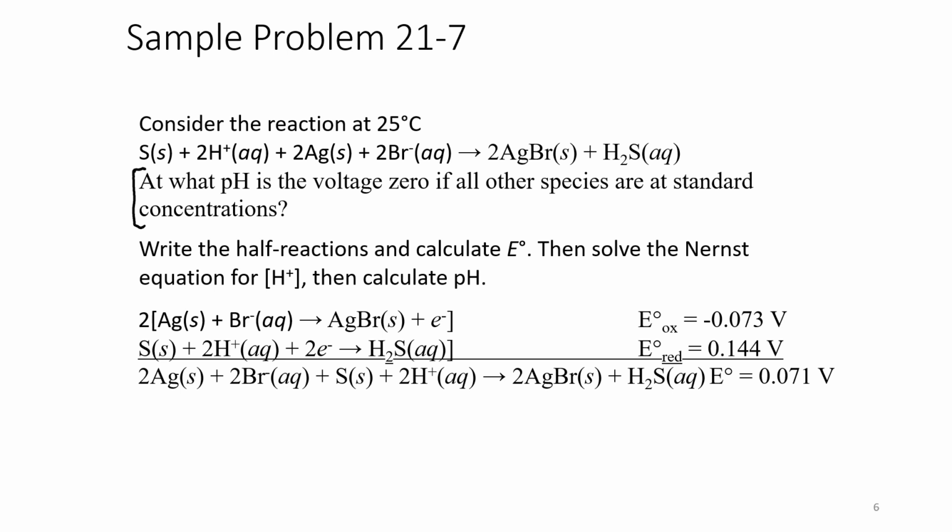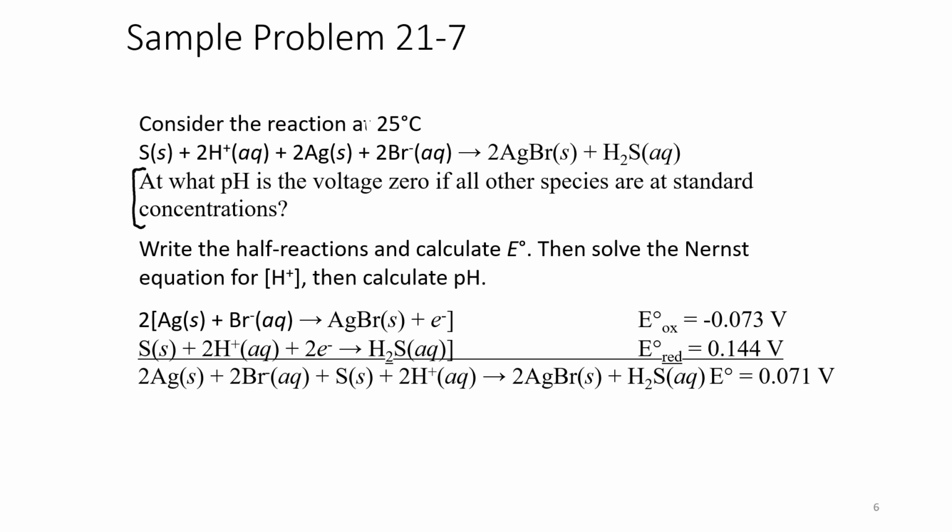I'm going to say, okay, the Nernst equation here would be E is equal to E naught, and our E naught we just solved for, so I might as well just plug it in, saying 0.071 volts minus, good news, up here at the top we see that we are at 25 degrees Celsius, so this is 0.0257 volts divided by our n. So n, this is 2 times 1 electron, so that's 2 electrons.